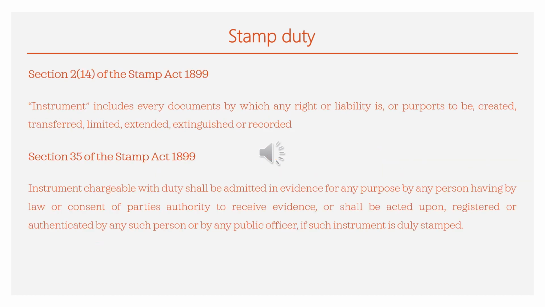Section 2, subsection 49 of the Stamp Act 1899 states, instrument includes every document by which any right or liability is or purports to be created, transferred, limited, extinguished or recorded.